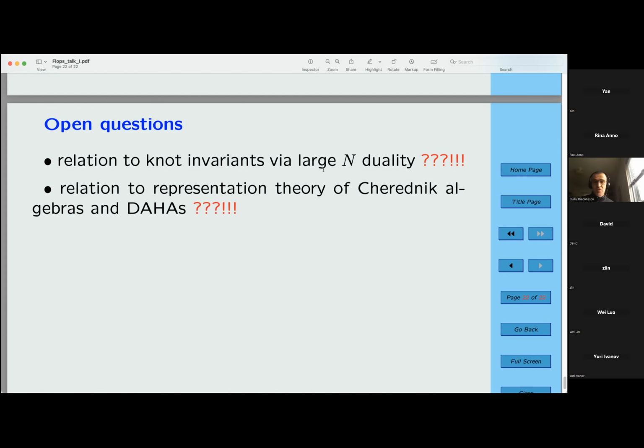In other words, you take these hypersurface singularities, x squared plus y squared plus z squared plus w to the 2n equals 0. And you deform it. You don't blow it up, you don't resolve it, just deformation: instead of equals 0, it's going to be equals epsilon. That's exactly how large N duality works for the conifold. And then you have to study some kind of Chern-Simons theory supported on the vanishing cycles.